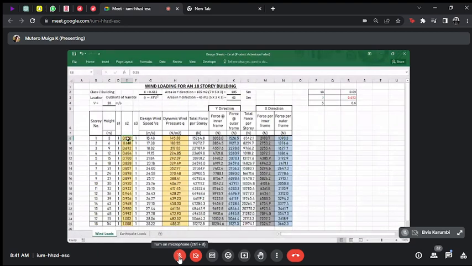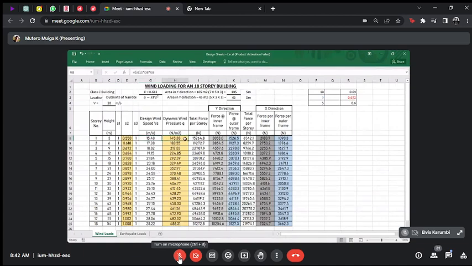So to start us off, S1 and S3 are just 1 and 1 all through. So to obtain this S2, we went to the table in the code of practice. Then to obtain the dynamic wind pressure, starting with the design speed, we have our design speed of 28 multiplied by the S2 and S1 and S3 for each floor to give us these values on this column.